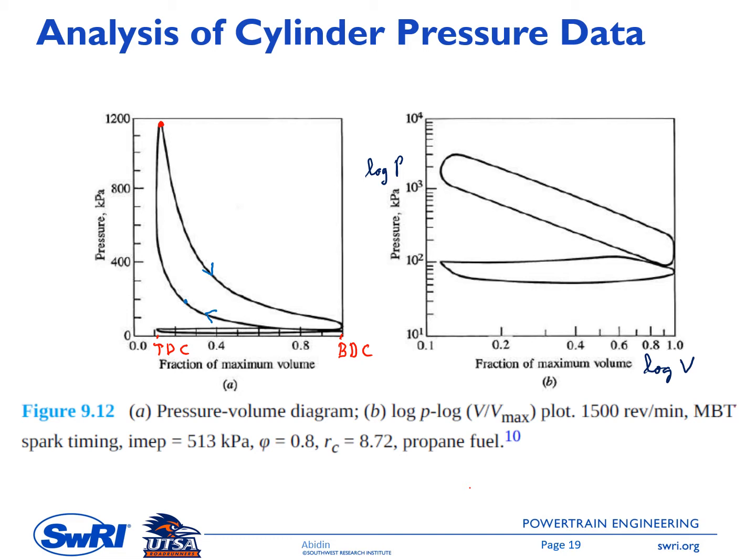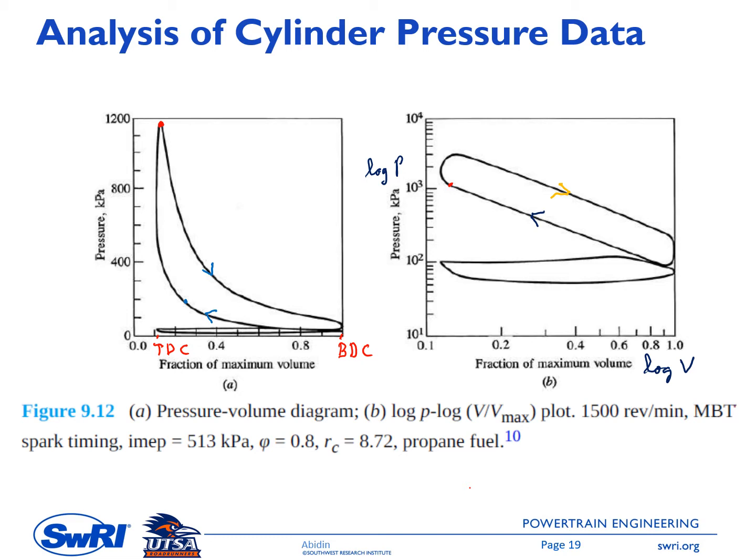A good thing about this log P log V diagram is that we have a straight line representing the compression stroke, and then as the slope changes, we have the combustion process, and similarly a straight line representing the expansion stroke.